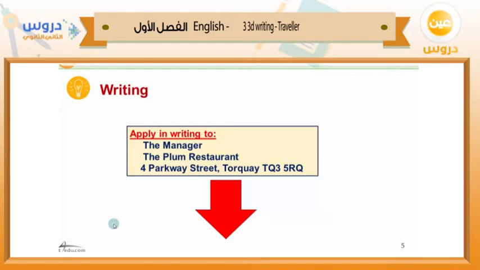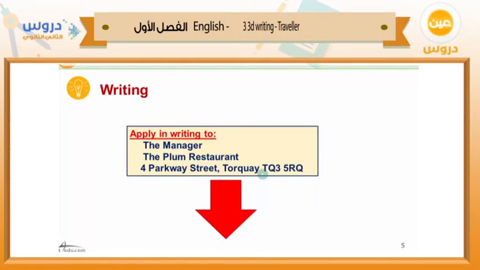So if you had this advertisement and you want to apply for the job, you need to write a letter first. So when you apply in writing to the manager, let's say, for example, it's the Plum Restaurant on 4 Parkway Street, Torquay, TQ3 5RQ.